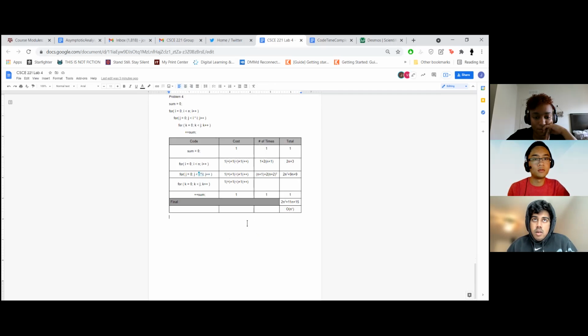Or well, the issue is that this changes. But yeah, since we have an O of n to the n, we should probably have some kind of n to the n inside of here. Right? I think you're right.